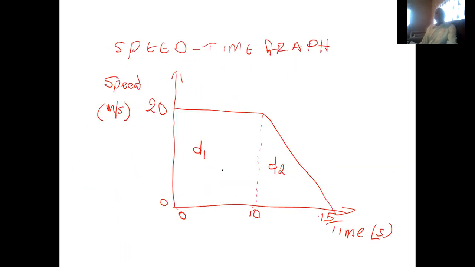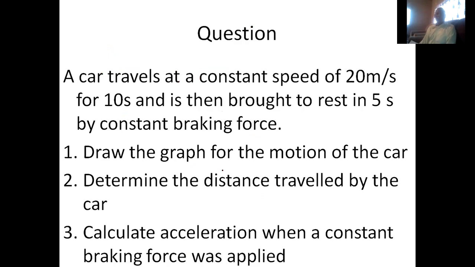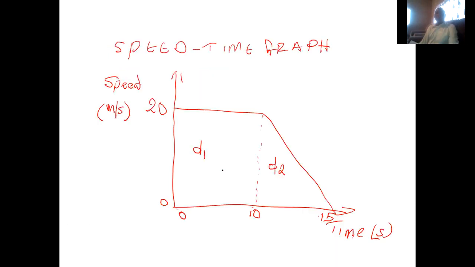So the third part of the question is asking us to calculate the acceleration when a constant braking force was applied. When the constant braking force was applied, it was after 10 seconds. So that is actually deceleration.